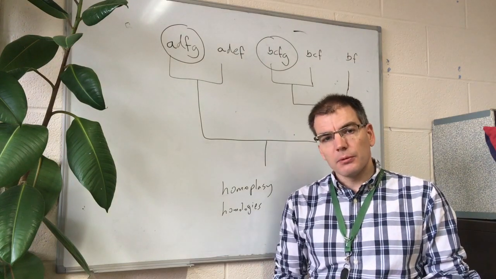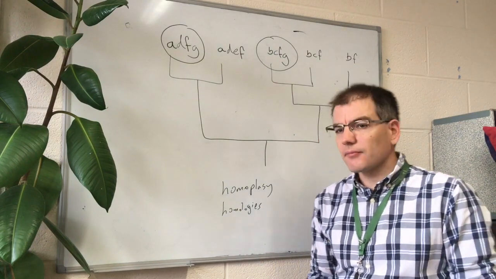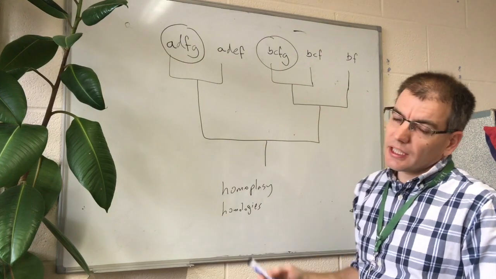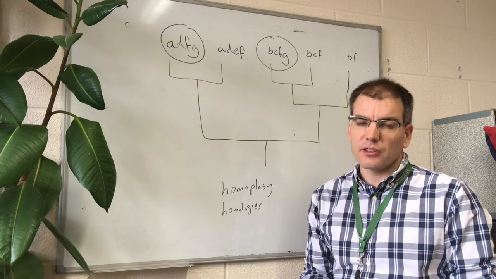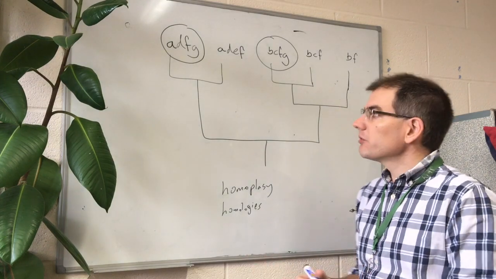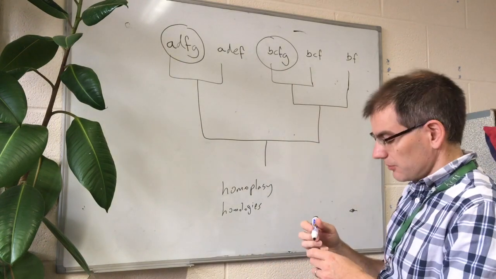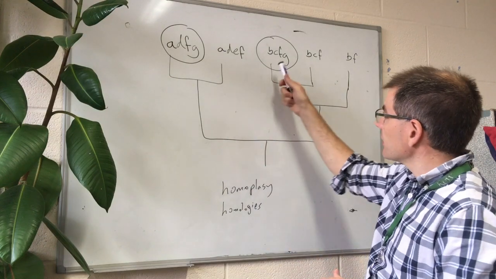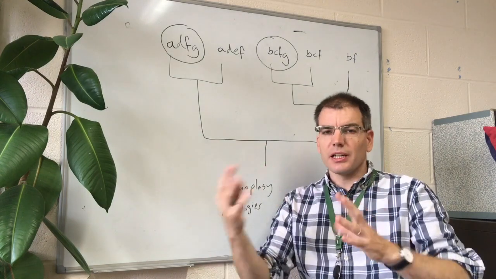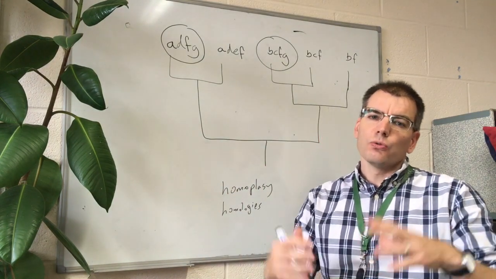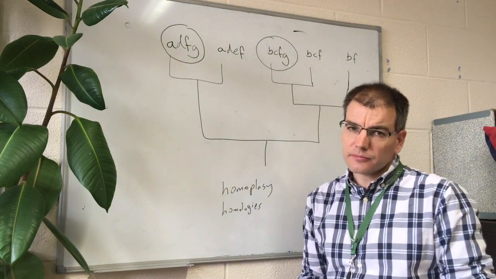However, homoplasy is very, very common. When we look at real organisms in real life and compare their similarities and differences, we find a real hodgepodge of different characters. We don't find characters that neatly fit into a nested hierarchy. We find this jumbling up of different characters all throughout life.